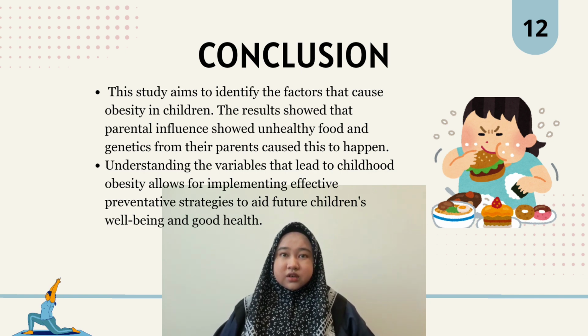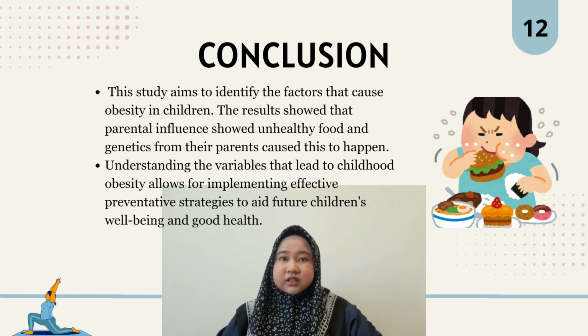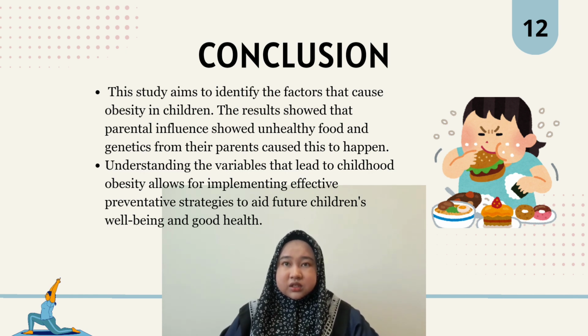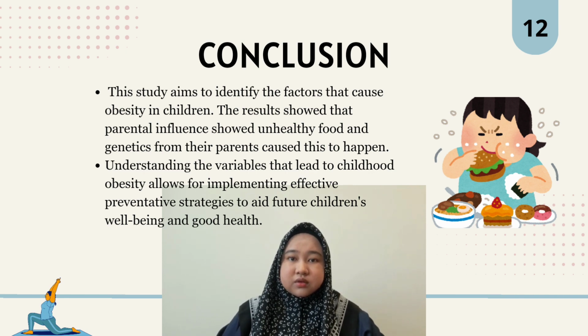Okay, lastly is the conclusion. There is no doubt that this research has achieved its overall goals and succeeded in gaining an understanding of obesity in Taman Shamelin Cheras. This study aimed to identify the factors that cause obesity in children.